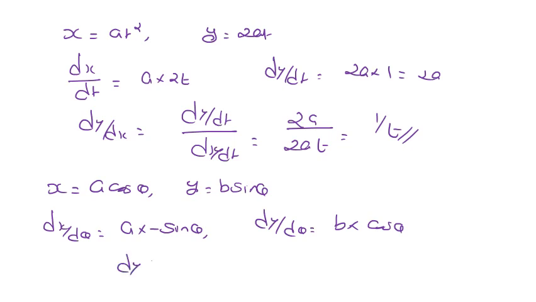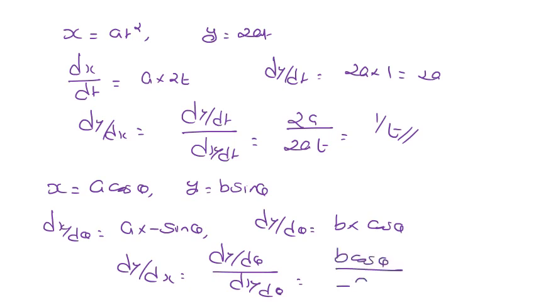Now dy by dx is equal to dy by d theta by dx by d theta. So b cos theta by minus a sin theta. What is the answer? Minus b by a cot theta. Now another question.